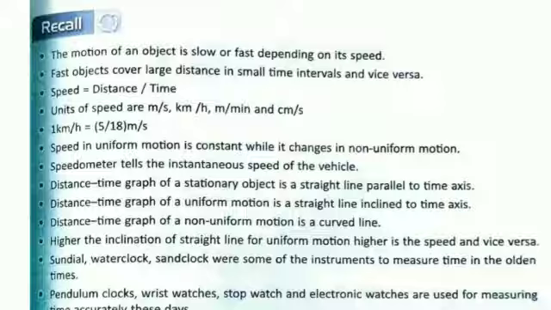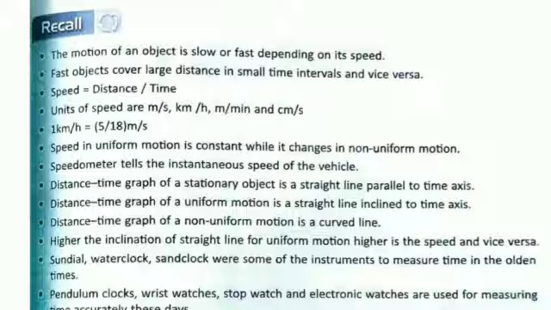1 kilometer per hour is equal to 5 by 18 meter per second. How? You know, 1 kilometer is equal to 1000 meter, and 1 hour is equal to 60 into 60 second.